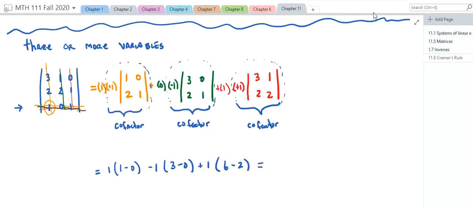And oops, this is a mistake. 0 times minus 1 is 0, not minus 1. So this is actually essentially plus 0. And that is 1 plus 4 equals 5.